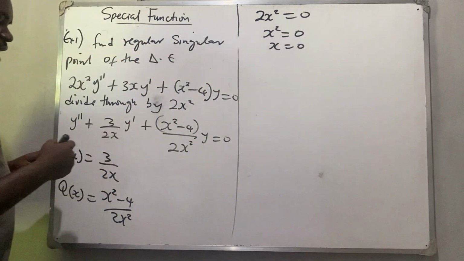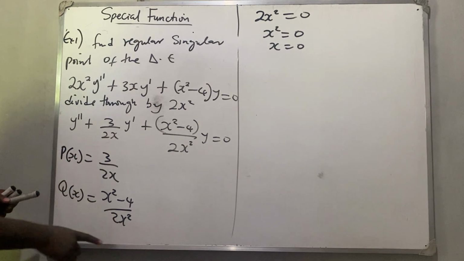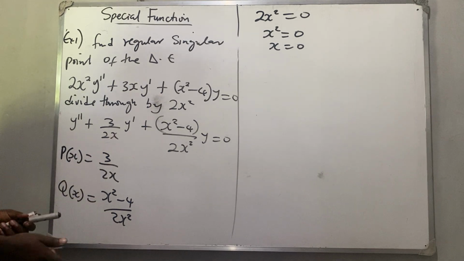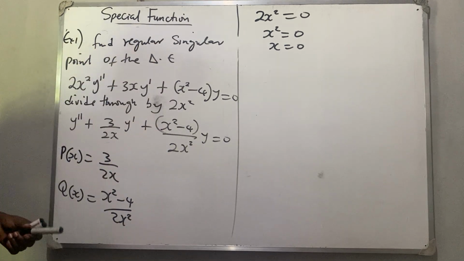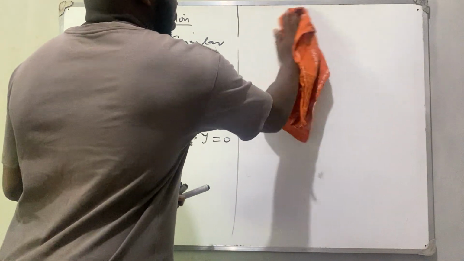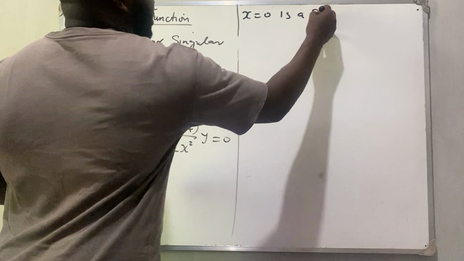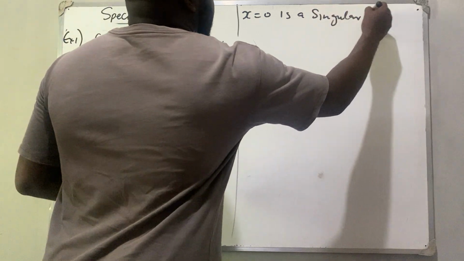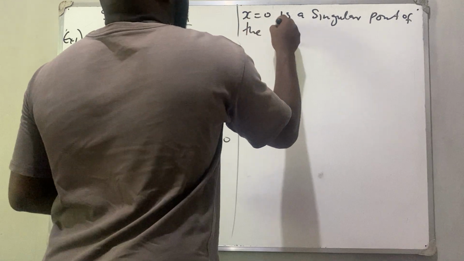So it's obvious that when x is equal to 0, this is going to be infinity, and this one is going to be infinity. So x equal to 0 is a singular point of this differential equation. It's very obvious. So we'll tell them that x equal to 0 is a singular point of the differential equation.